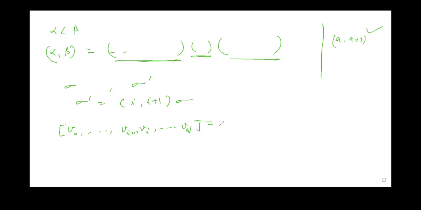So this is sigma prime, right? And sigma is just V naught V1 up to Vq. So if you just interchange Vi and Vi plus 1, that is, you apply this permutation over this, then you get this one.